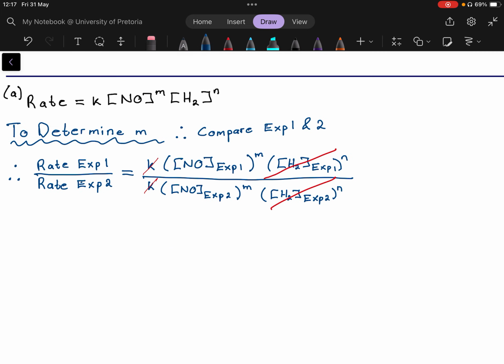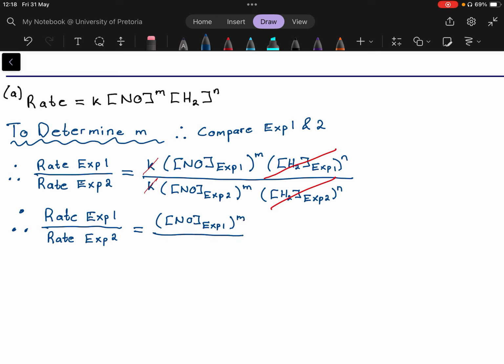So that leaves us with a situation where the rate of experiment 1 divided by the rate of experiment 2 is going to be equal to the concentration of NO in experiment 1 divided by the concentration of NO in experiment 2, to the power m.